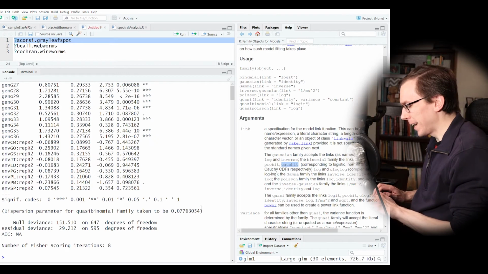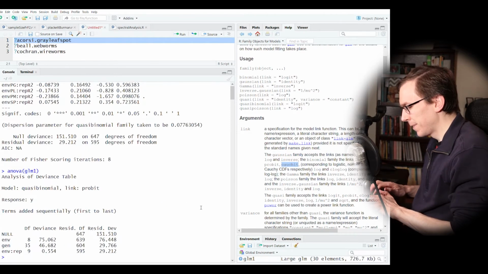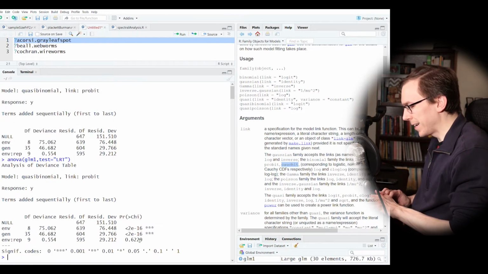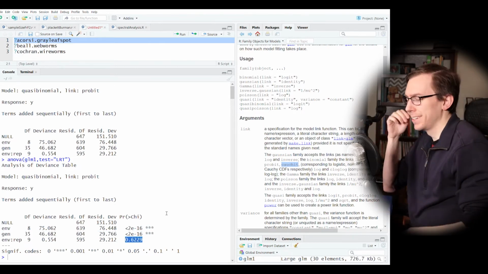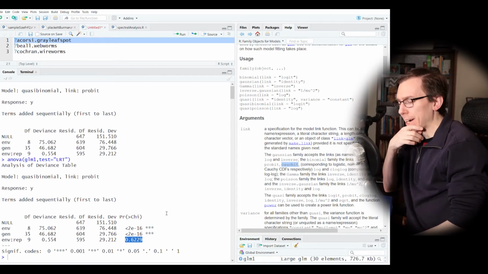I mean, okay, yeah, we get this giant thing here, but what I actually really want is just the ANOVA table. And yeah, once again, if I do a likelihood ratio test, I should get out p-values that are both super significant for the two factors and really not significant for the replication within the environment.